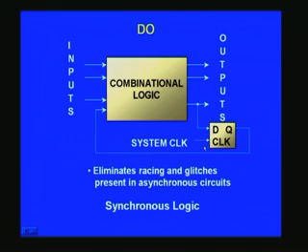So this is the price that you have to pay for breaking that combinational logic, but this will result in a system which will work on the IC, whereas the previous one will not work on the IC as such, and therefore it instantly eliminates racing as well as glitches, which are normally present in asynchronous circuits, which we will see some of them later on. And this is the basic building block for synchronous logic as such.